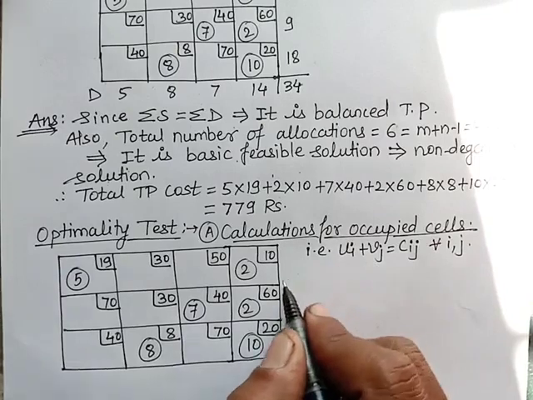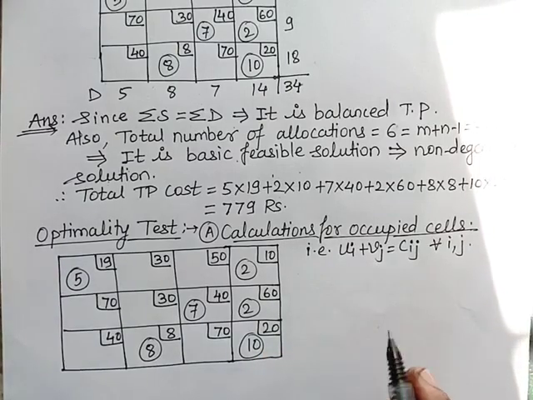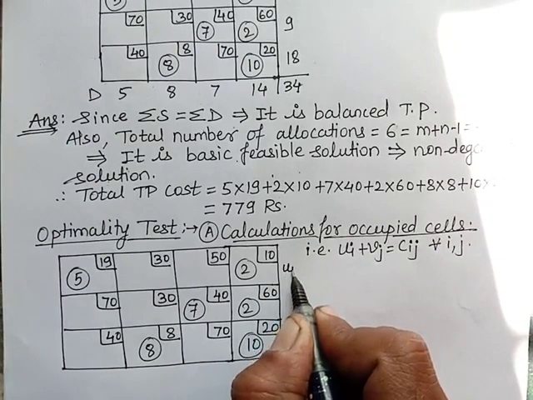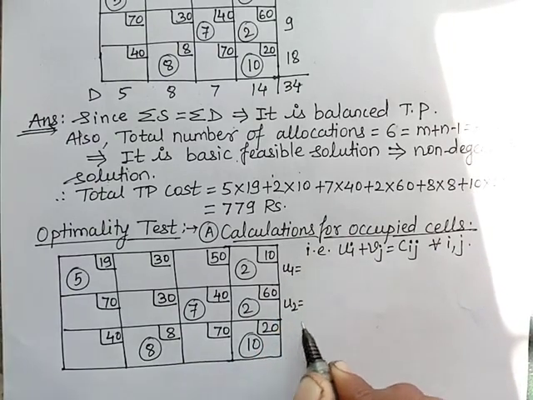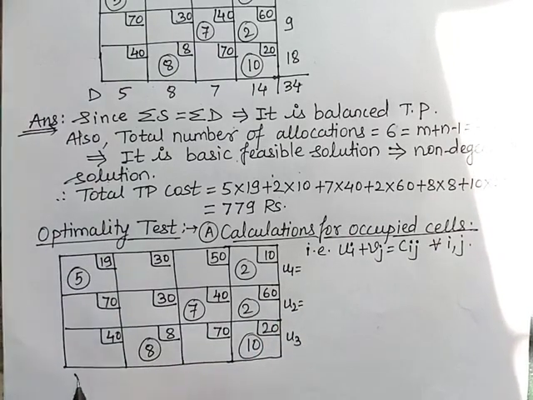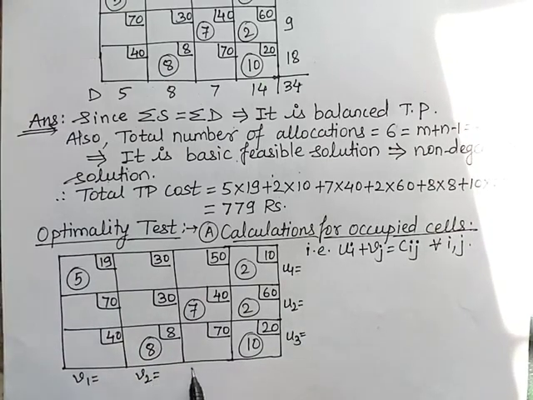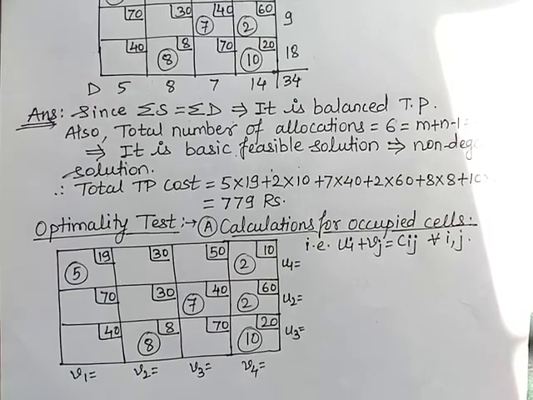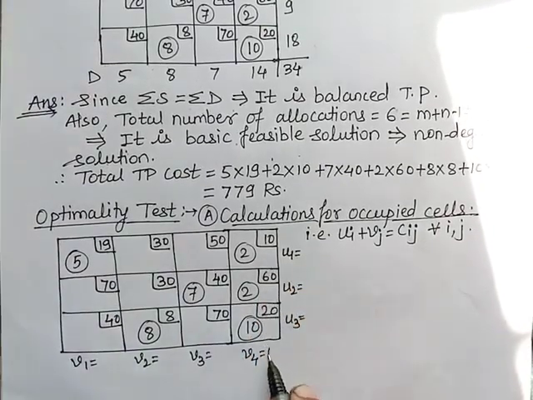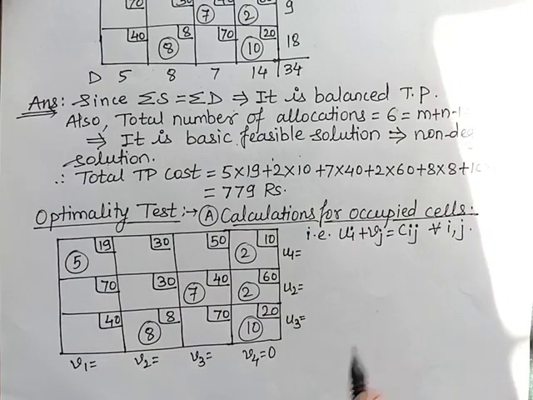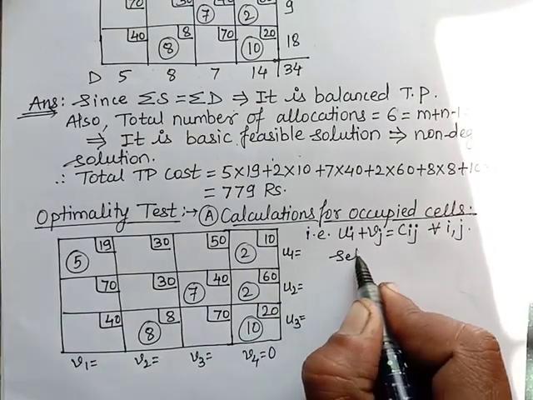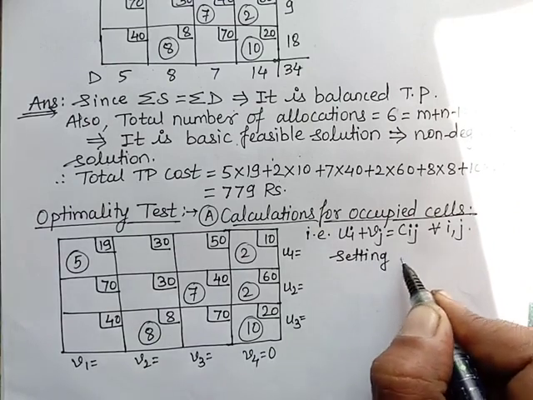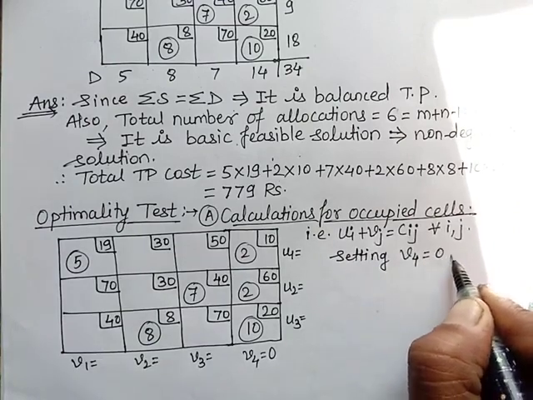Okay, and we have to set one of ui or vj as 0. So here u1, u2, u3, here v1, v2, v3, and v4. Now as I said earlier, with maximum allocation, that one we are setting as 0. So here let me set v4 equal to 0.